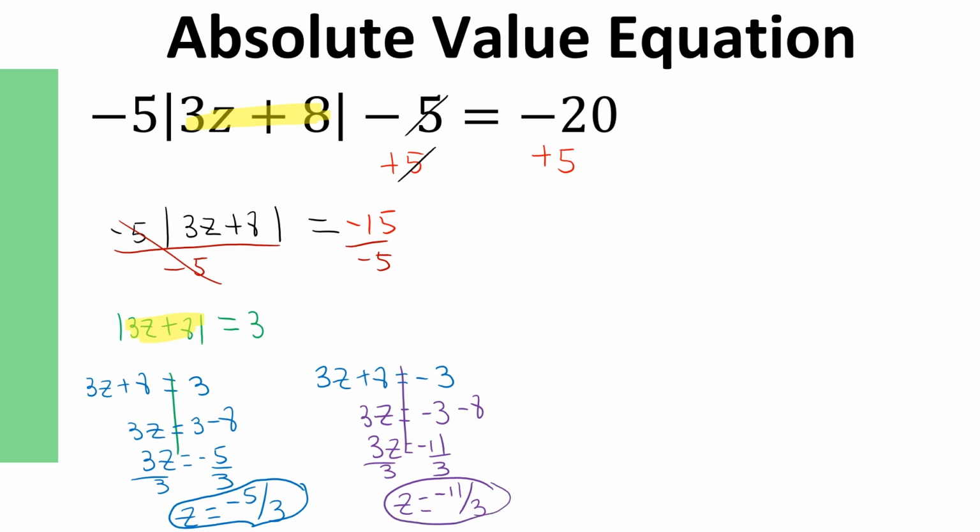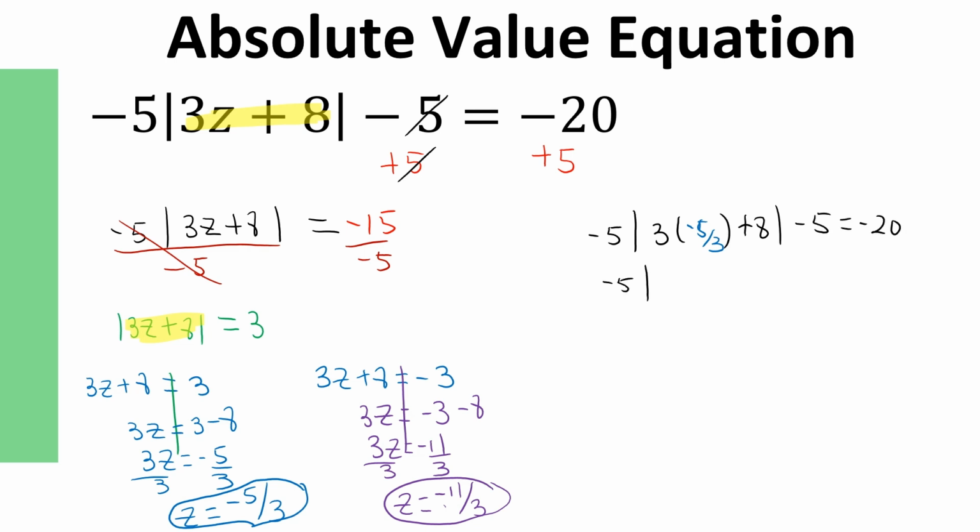So again, it's always good to double check to make sure your solutions work. I'm going to check negative 5 over 3. So we have negative 5 times the absolute value of 3 times z, which is negative 5 over 3, plus 8, and then minus 5 equals negative 20.